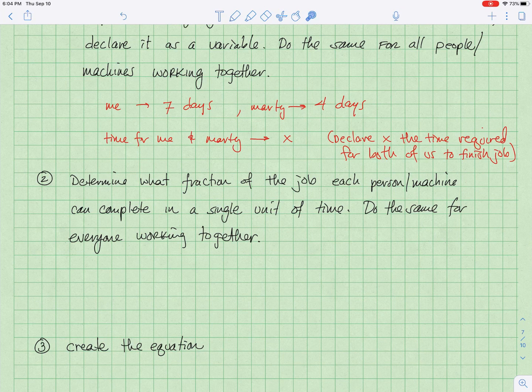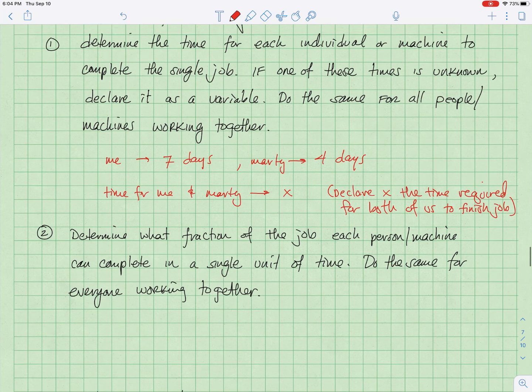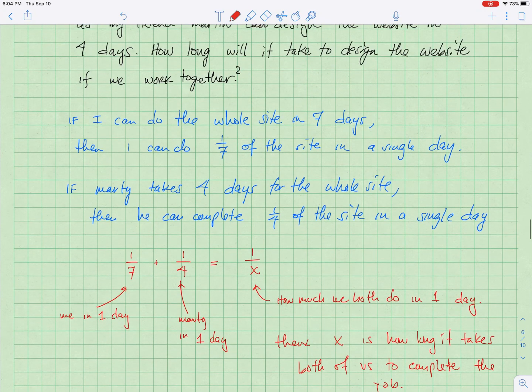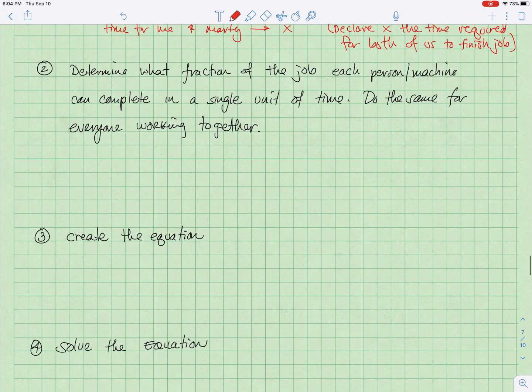Okay, so in our next step, determine what fraction of the job each person or machine can complete in a single unit of time, and do the same for everyone working together. Well, let's see. If my unit of time here is, as we said before, days, I can do 1/7 of the job in one day.